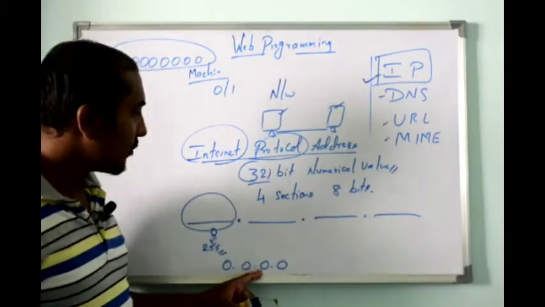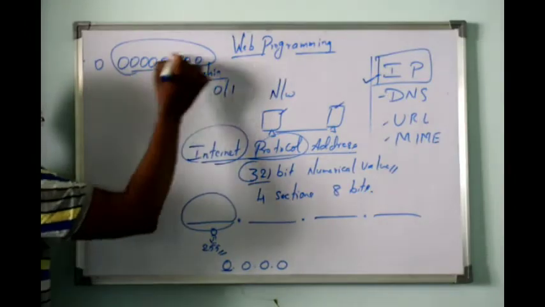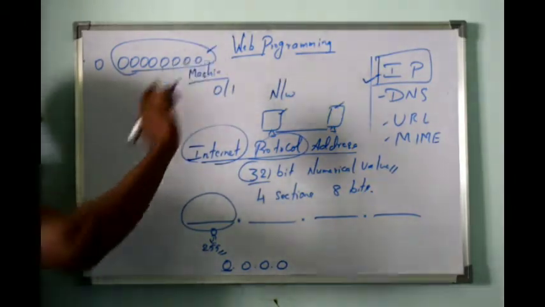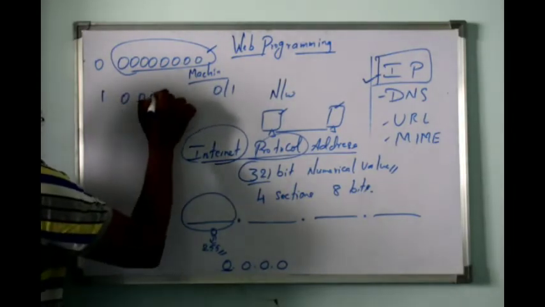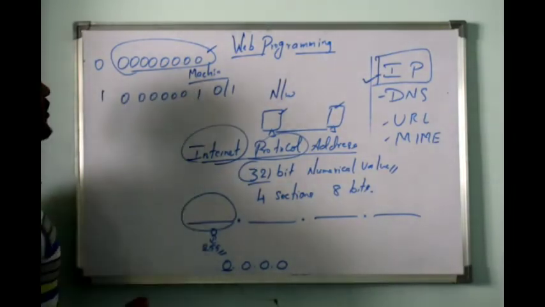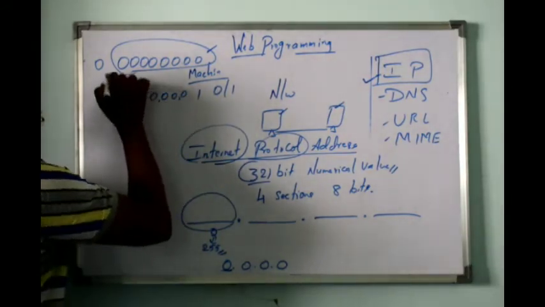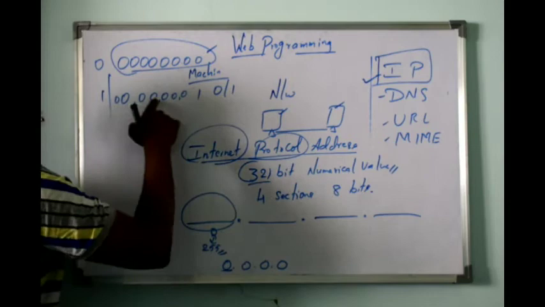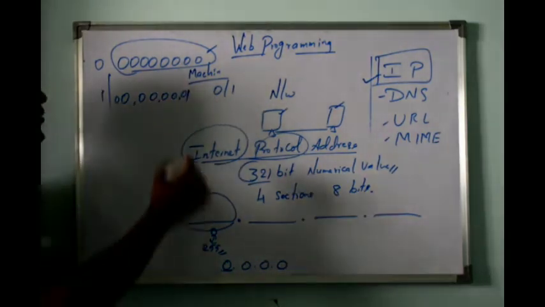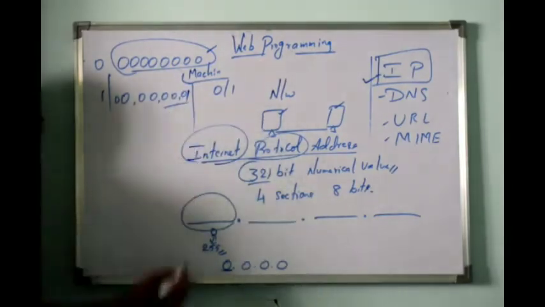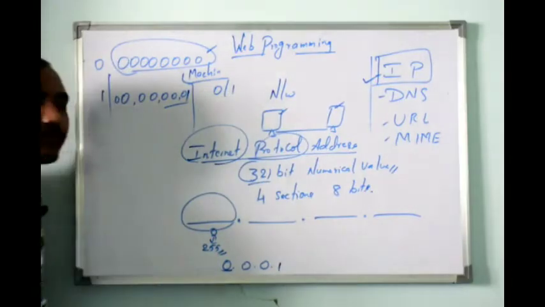If I want to represent it in the form of bits, then the first 0 will be represented as 8 bits, like 8 zeros. If I want to represent 1, I represent the first 7 bits as zeros and the last bit will be 1. So this will represent 0.0.0.1.